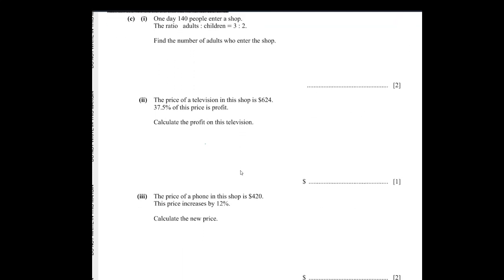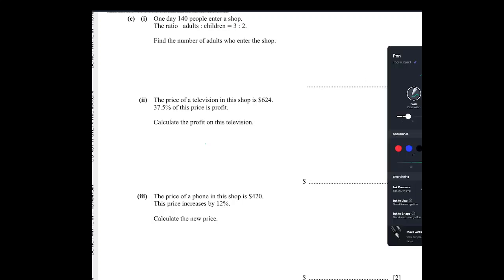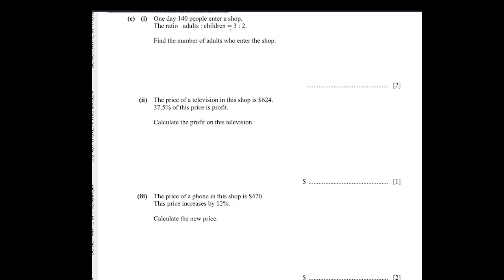Question number C now. One day 140 people enter a shop. The ratio of adults to children is 3:2. Find the number of adults who enter the shop. So whenever such a question is given, you will take this ratio and take a common number to be multiplied with these two numbers, and when you add these two you will get 140.